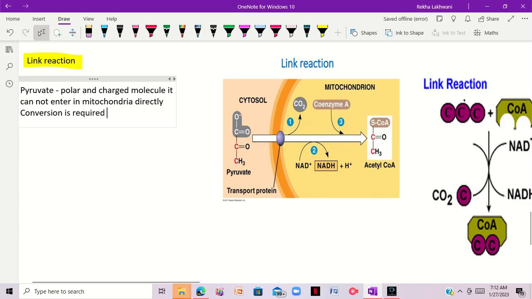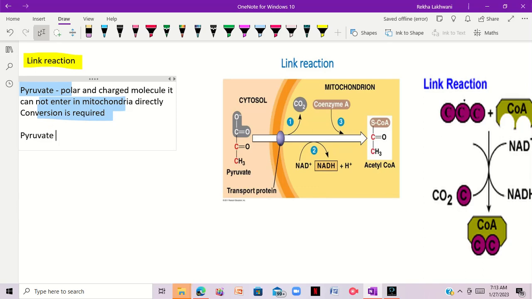So what I said is basically pyruvate is a polar molecule, so it cannot directly enter into mitochondria. So the conversion is required. We have to convert this pyruvate into something. Now consider that here we have pyruvate.